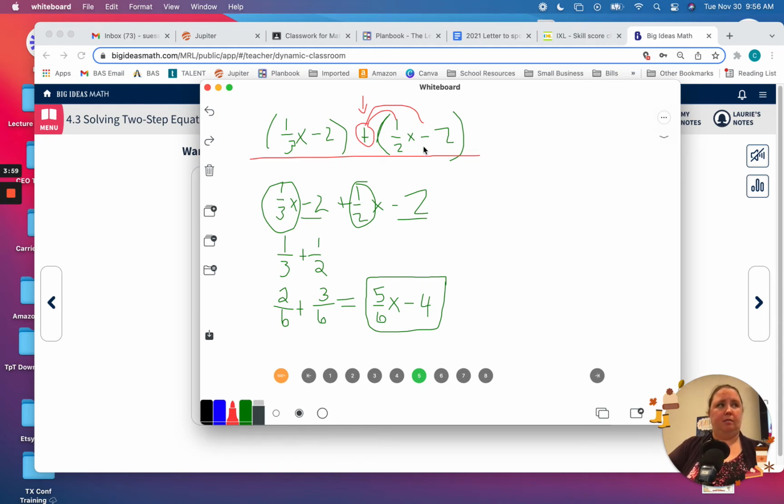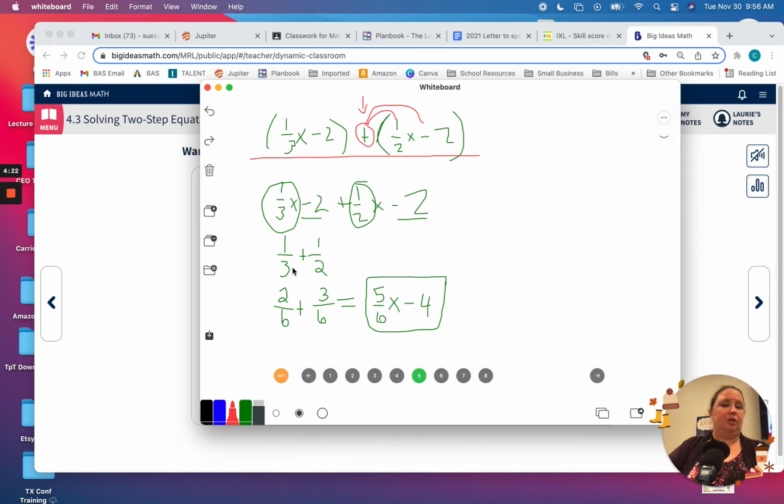Remember that? Okay, so if that happens, then I just leave this and I can rewrite the whole problem without the parentheses. So then to add all of these, I just find whatever is a like term and I combine those. So since these both have an x, I'm going to combine their coefficients, the numbers in front. So 1/3 plus 1/2 is what I'm going to be doing.